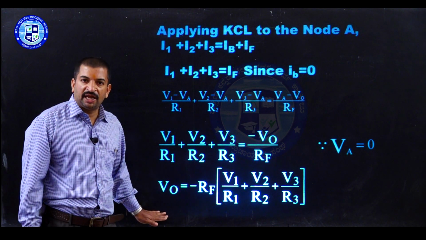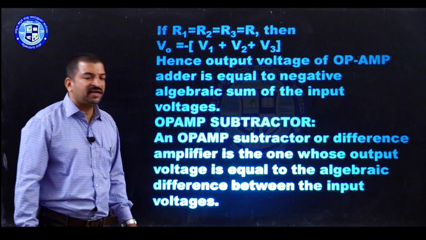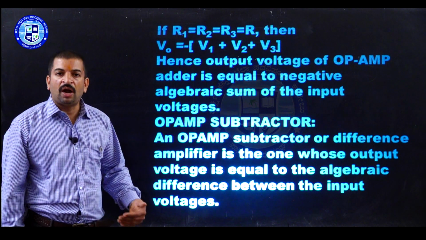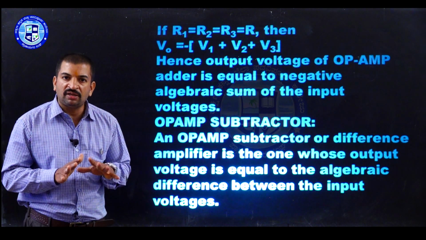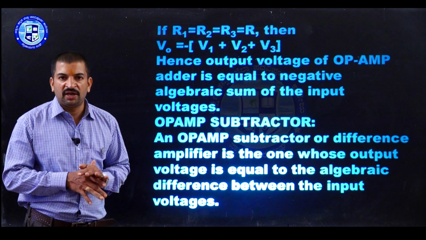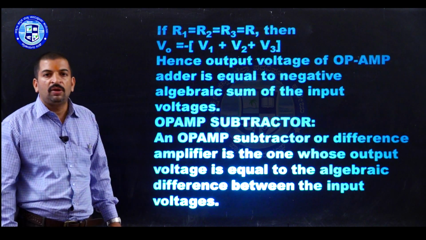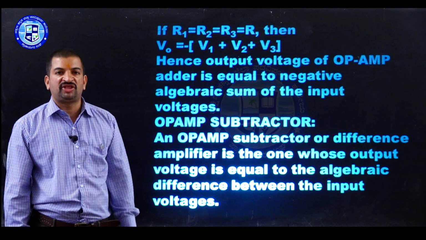Now, in this equation, let us select all the resistors of equal values. If R1 equal to R2 equal to R3 equal to RF equal to R, then the equation becomes V0 equal to minus of (V1 plus V2 plus V3).